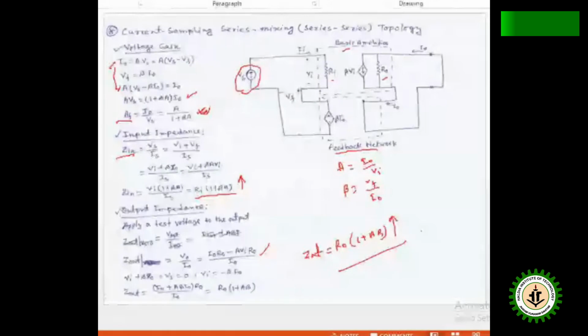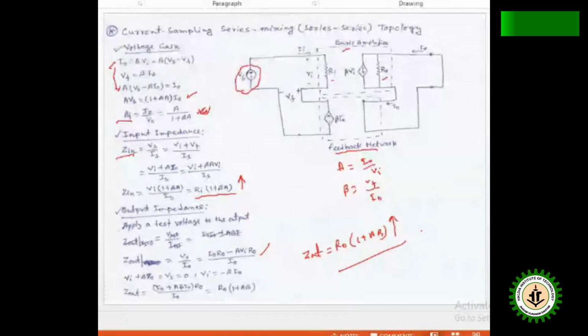Then we discussed the block diagram of the feedback amplifier, and we classified the different types of topologies, four topologies. Then we discussed the block diagram of the four topologies, where each topology consists of a different basic amplifier, that is current, voltage, transconductance and transresistance amplifier.